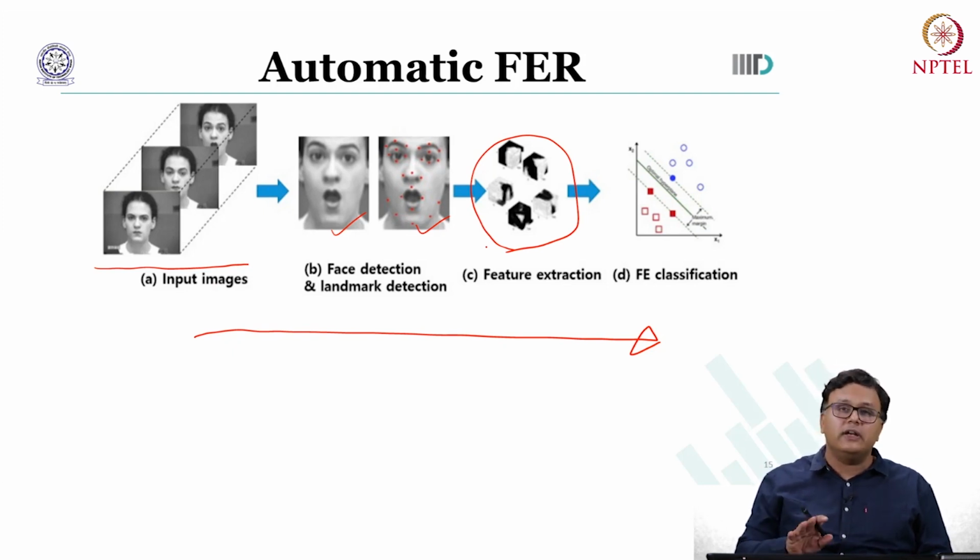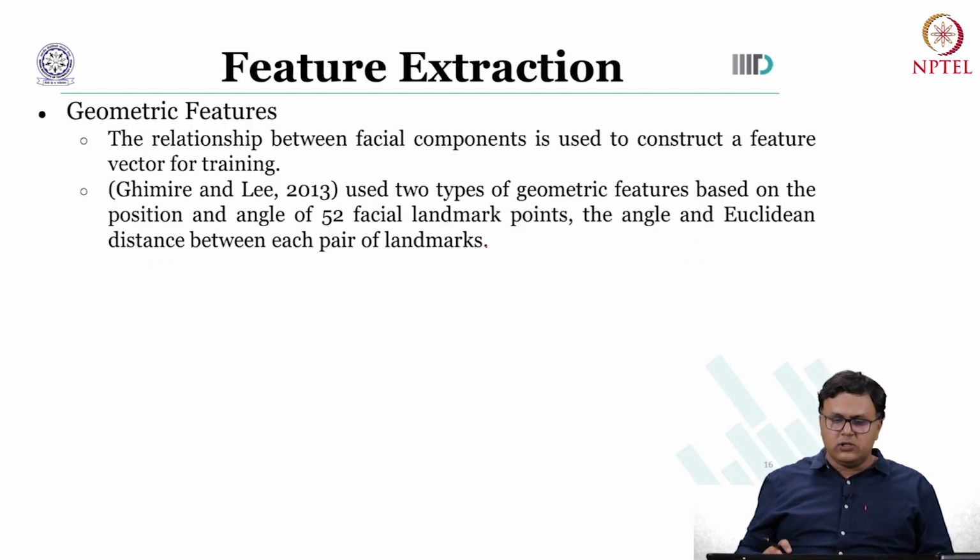So we're going to now deep dive into the facial expression features and see how these features are extracted, how they have been proposed in the past 20 odd years, and what can be their advantages and disadvantages. So we're going to start with the simplest of features.